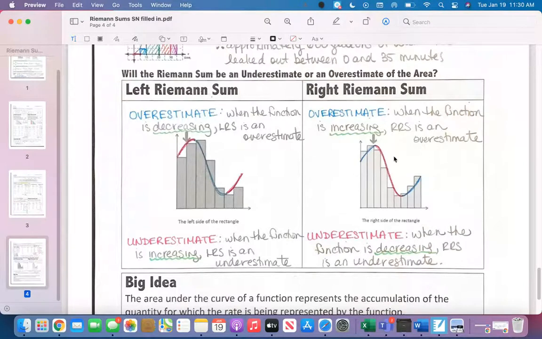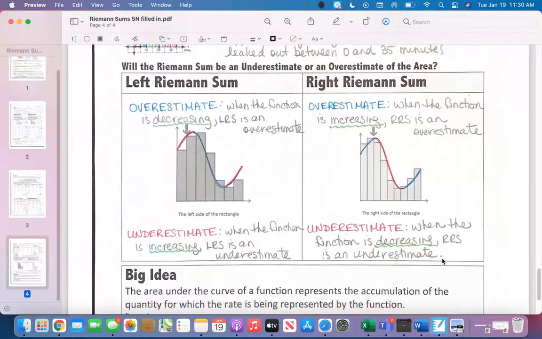So here is a right Riemann sum. You can see we've created the rectangles from the right endpoints. So when the function is increasing, the right endpoints create rectangles that are above the function. So we know that that's going to be an overestimate. And when it's decreasing, you can see the right endpoints create rectangles that are below the function. So we know it's going to be an underestimate.